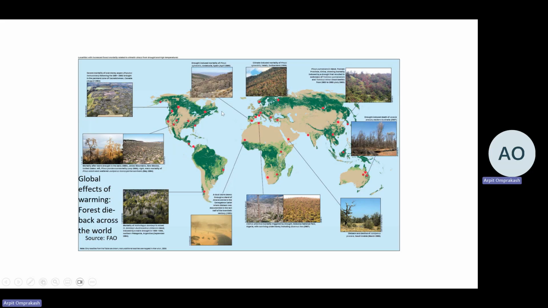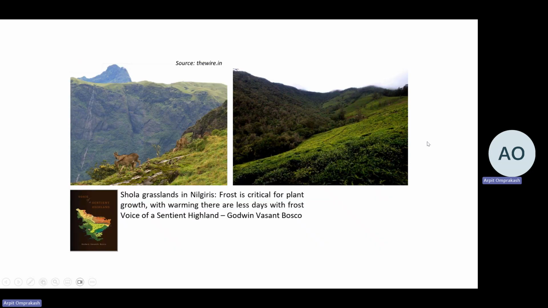Forest dieback is when there is a lot of death of forests because of high incidences of things like drought and other climatic effects, right? Because of that, there's a lot of loss in forest area, and that is known as forest dieback, and you can see it in many different places. In India also, there's a case like that, right?